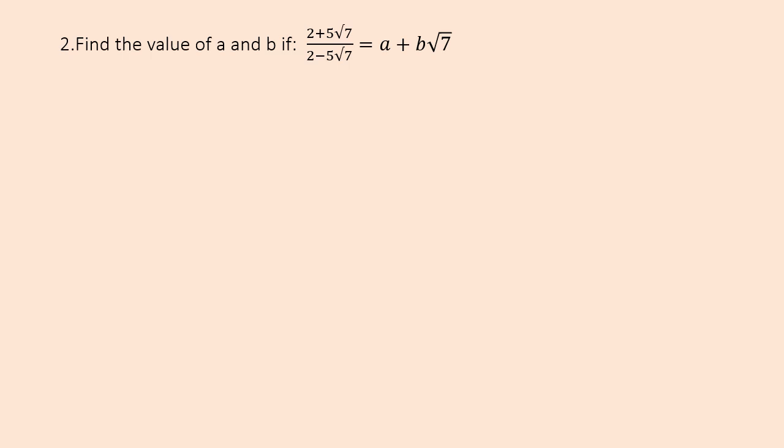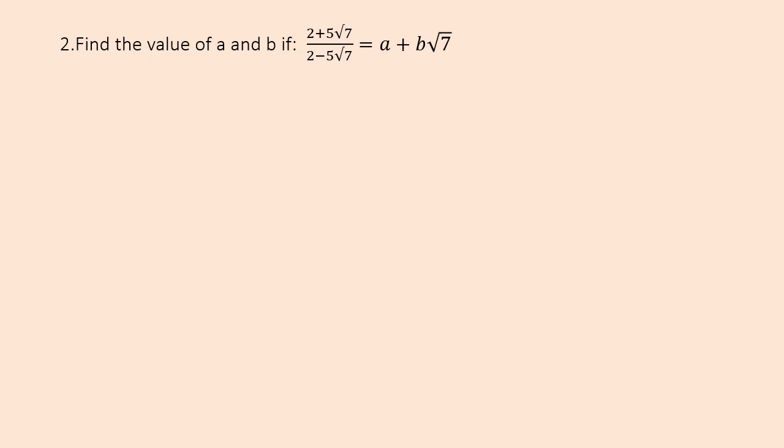Here you have to find the value of A and B and the LHS of the expression, that is 2 plus 5 root 7 upon 2 minus 5 root 7. The denominator of this expression is having a radical sign. So you have to rationalize the denominator.